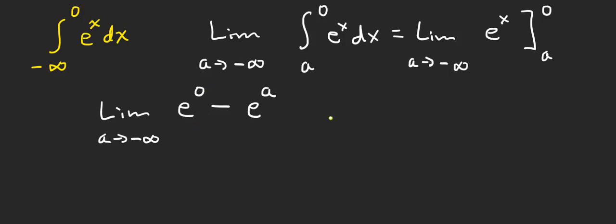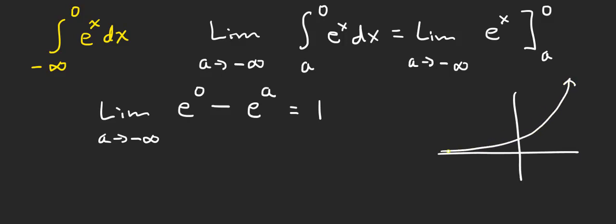Now what is e to the 0? e to the 0 is 1. Now what happens to e to the x as a goes to negative infinity? Let's take a look at the graph of e to the x. As it goes to negative infinity, what's the y value that it's approaching?